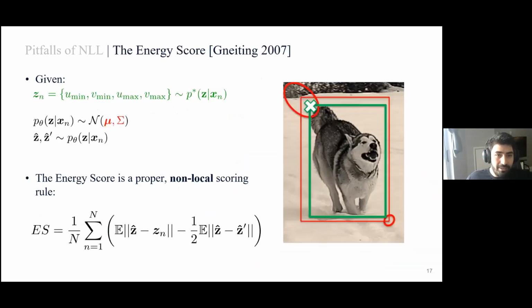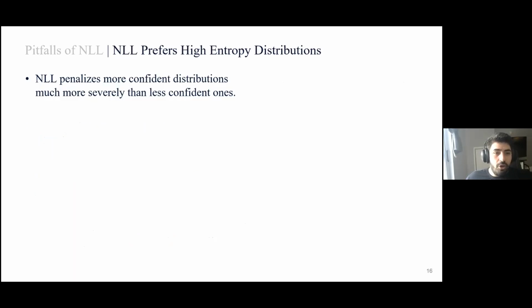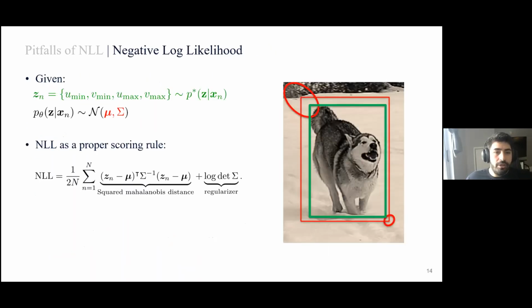Your samples will be all the same. Let me go back here, it's better here. So these are samples from your distribution. These will be all the same. The difference in samples will be zero. And all your samples will be the same, and the Zn is constant, it's a single value. So this will be just your Euclidean distance, basically. So this is much more stable during training than the negative log likelihood, which has dependence on the inverse of your covariance matrix and log determinant, right?